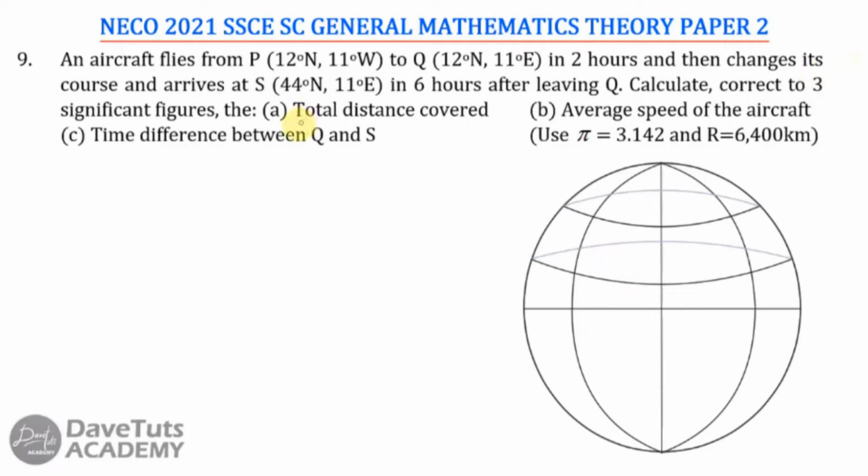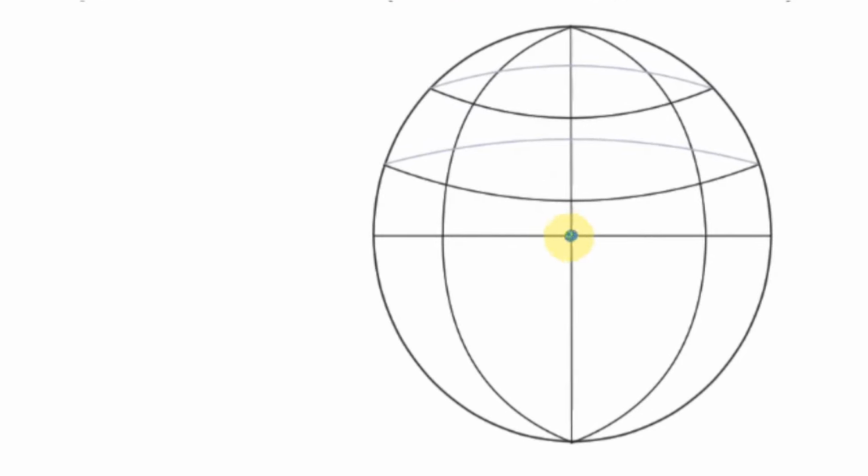First, we are given that point P is on 12 degrees north latitude. Normally we start from the origin, the center of the globe, and then we measure outwards. Like the latitude 12 degrees north, we'll start here as origin and go up, because ideally this is the north, south, east, and west.